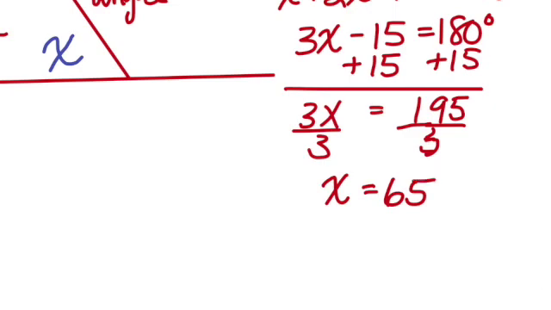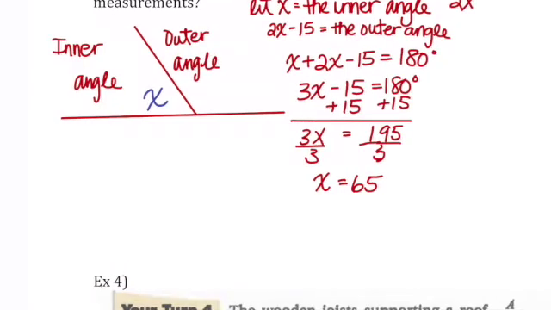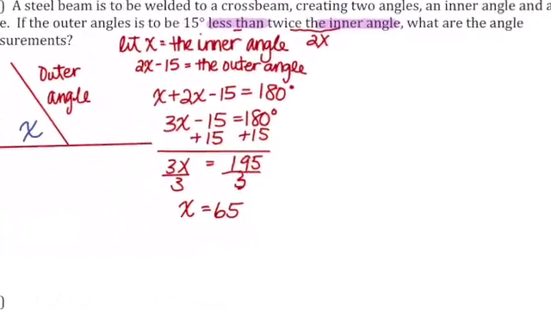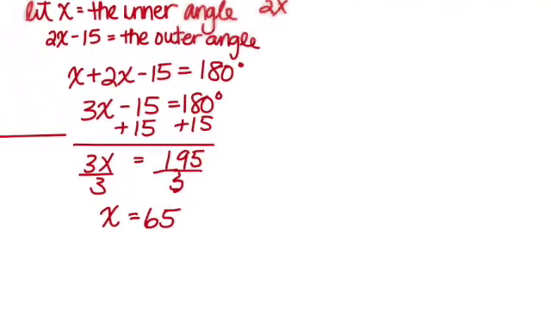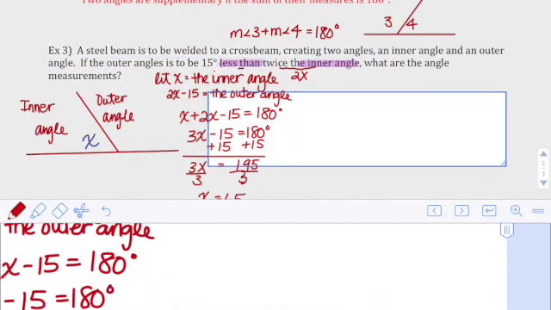Okay, now that means the inner angle is 65. Now the outer angle is going to be 2x minus 15. So I'm going to plug that in. So it's going to be 2 times x minus 15.